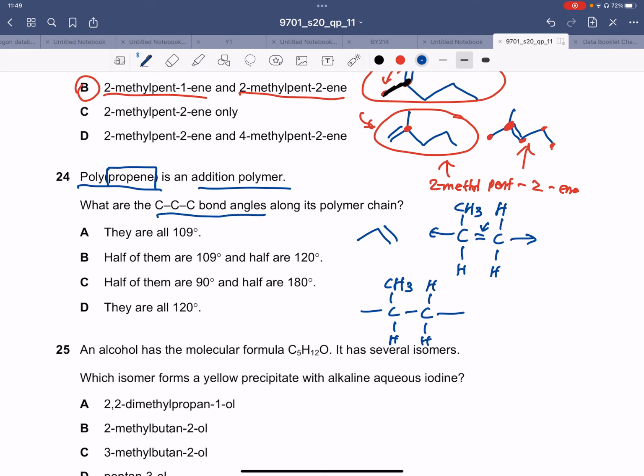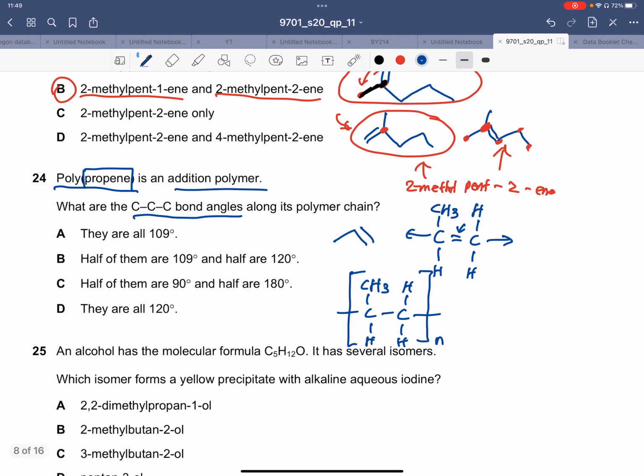And basically this right here is the repeat unit. So you can write n if you want. And what it means is you basically can have the exact same thing going on for eternity. So CH3, H, H, H, and on and on and on. And that is what an addition polymer is. So they're asking for the carbon-carbon-carbon bond angles. Well, first of all, if you were to split it up like that, you know that each of these carbons are going to be sp3 hybridized because you have 1, 2, 3, 4.